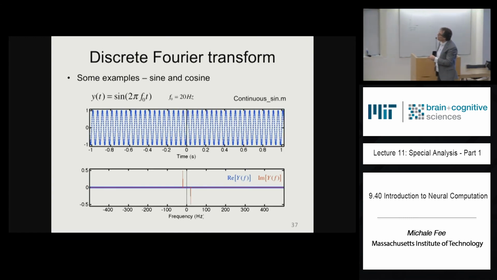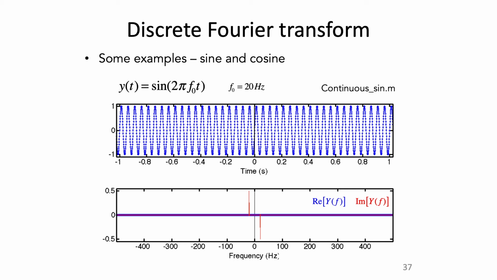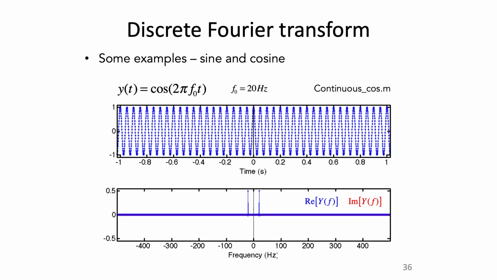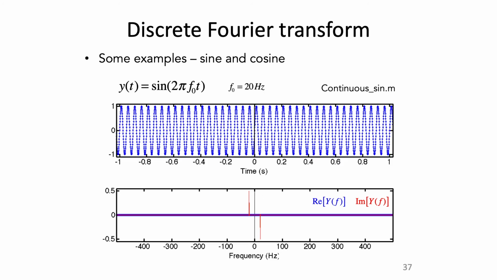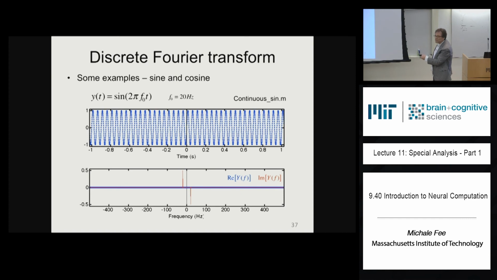Here's a sine wave. y equals sine 2 pi f naught t, again at 20 hertz. If you run that code on it, it gives you this. Let me just point out one thing. In this case, the peaks are not in the real part of y. For the sine function, the real part is 0, and the peaks are in the imaginary part. There's a plus i over 2 at minus 20 hertz, a minus i over 2 at plus 20 hertz, okay?